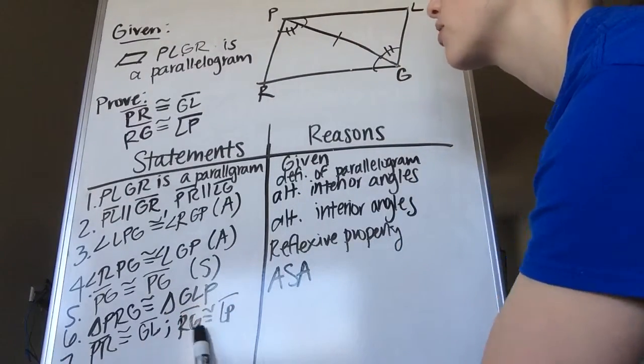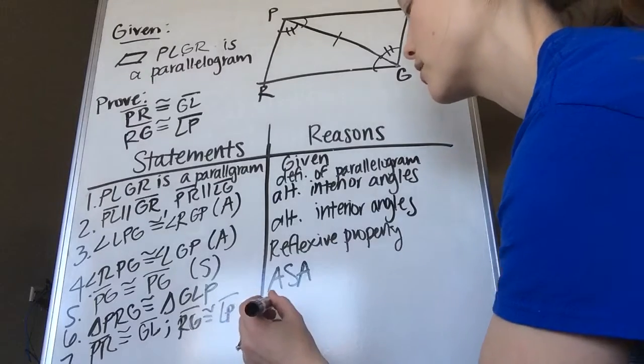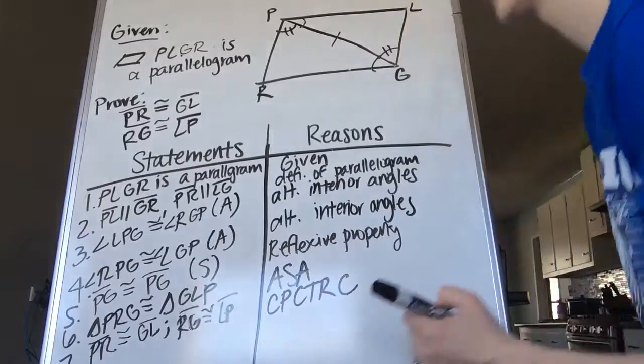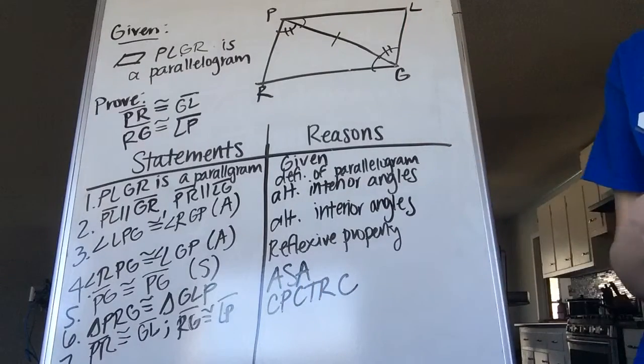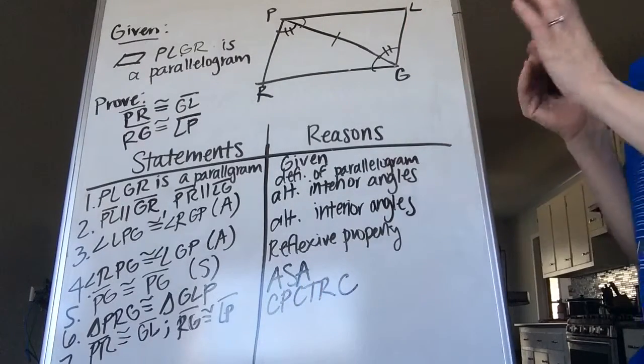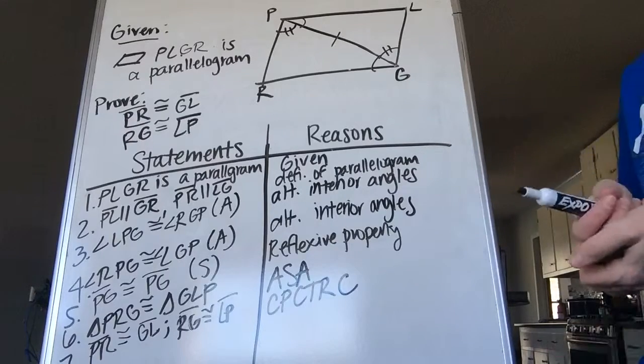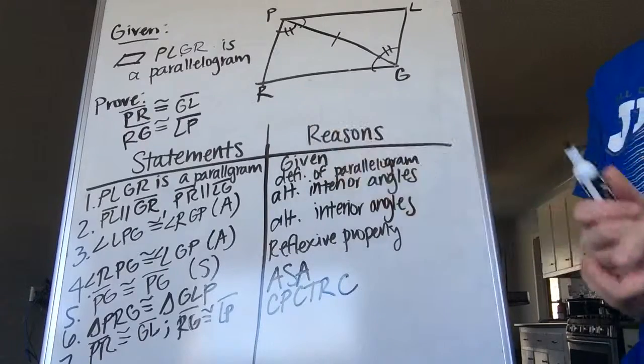So we can say that both of those line segments are congruent to one another because corresponding parts of congruent triangles are congruent. That's our final reason. So this establishes the whole amplified parallelogram theorem, which now you know, and you can simply write APT given to prove that.